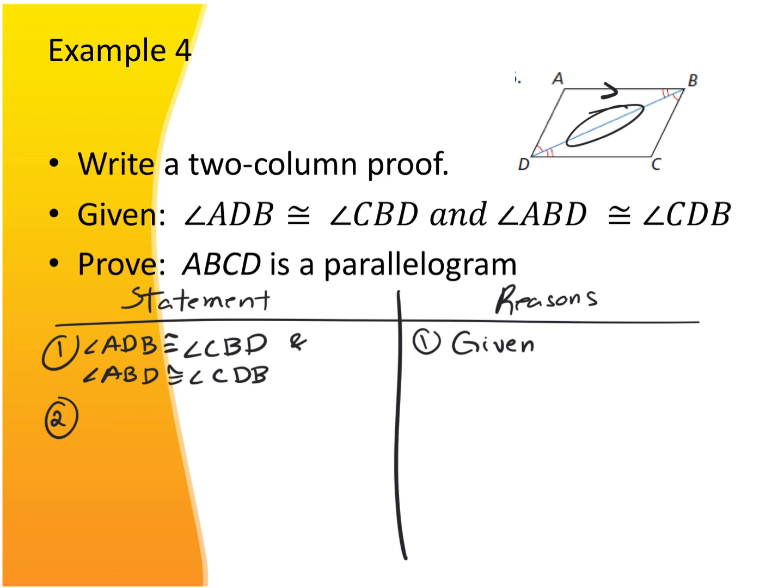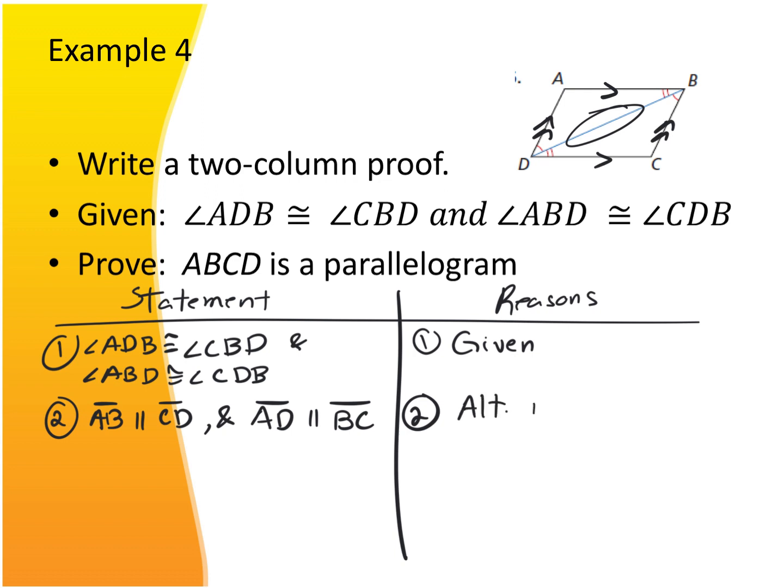So we would get that AB is parallel to CD, and AD is parallel to BC. Let's write that in. Because I just mentioned the name, we're just going to write alternate interior angles converse.